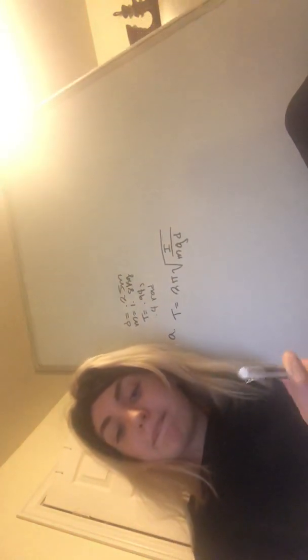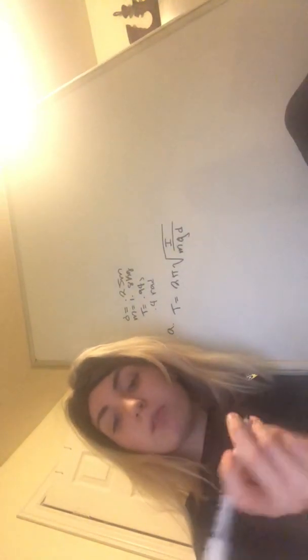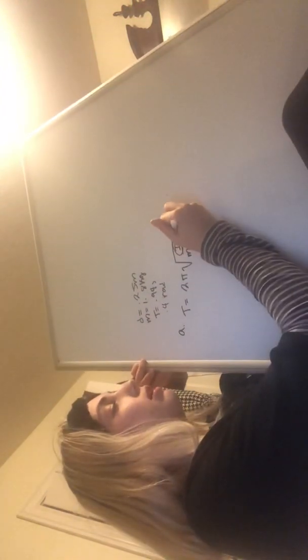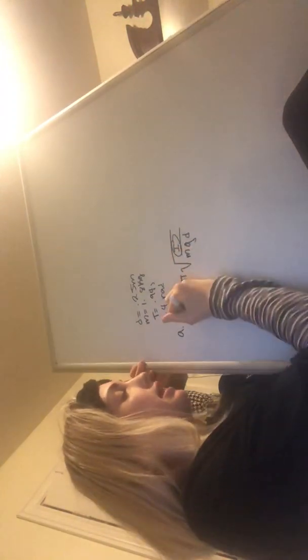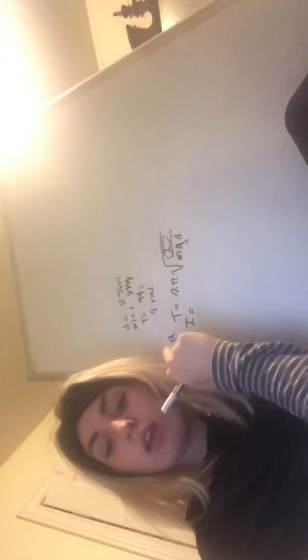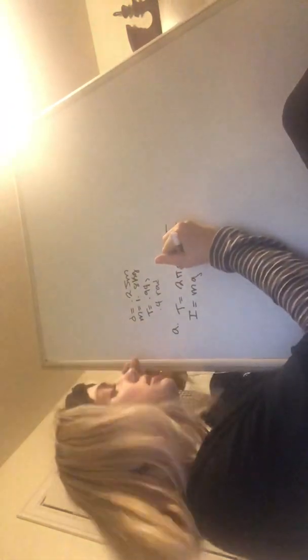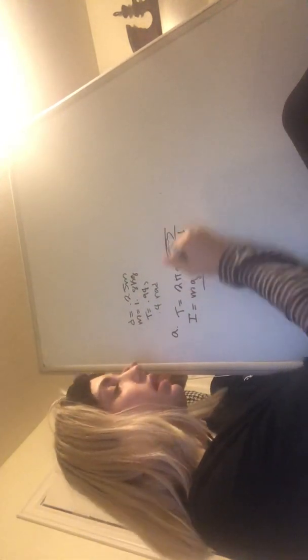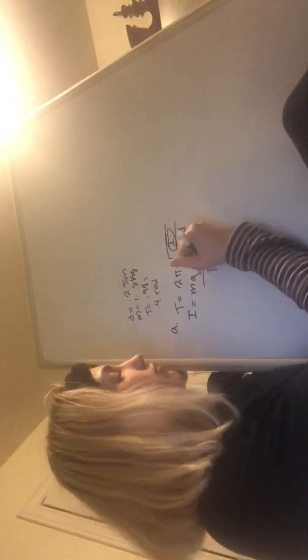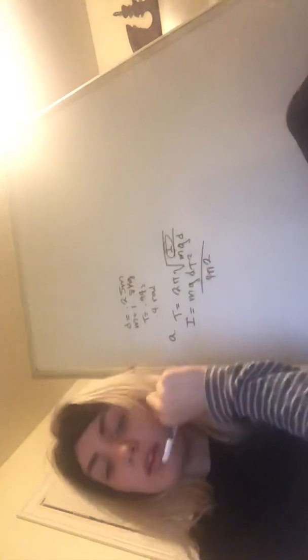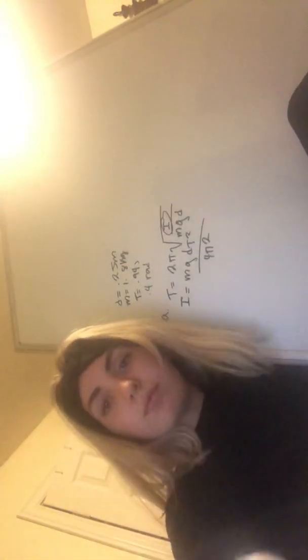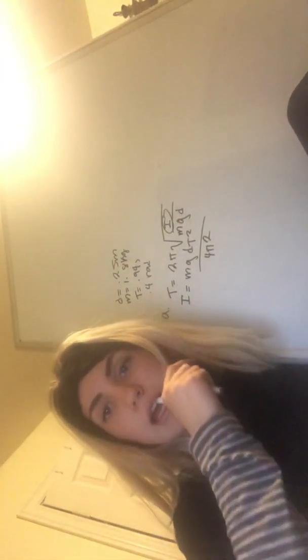And with some rearranging to solve for the moment of inertia, I get that I equals m times g times d times T squared divided by 4 pi squared.